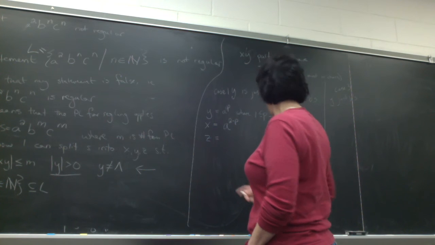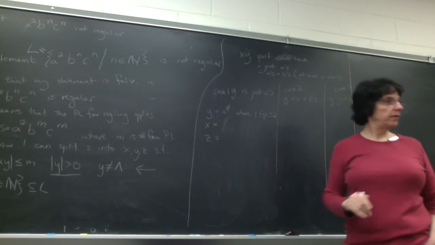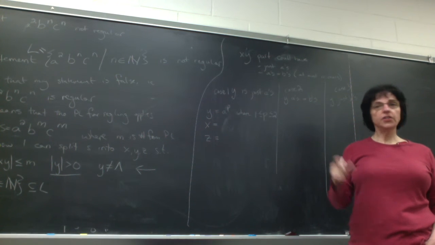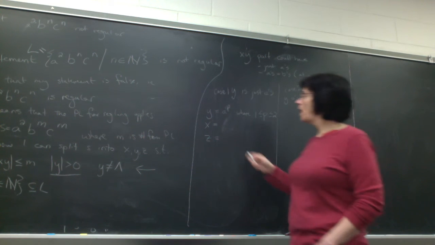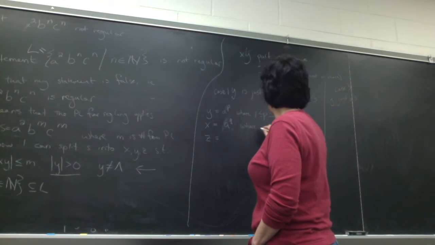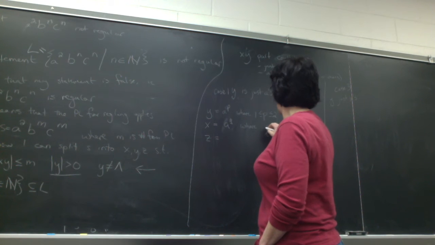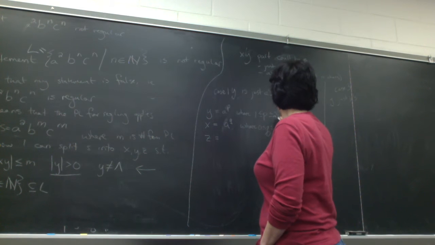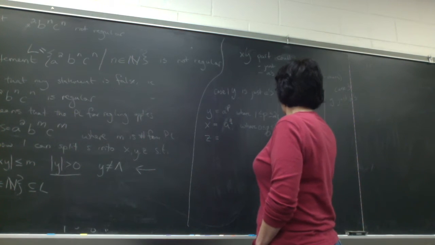Wait a minute. Suppose y is the first a. x could be nothing, or it could be just 1 a. So x is going to be a to the q, where q is between 0 and, I guess I'll say, 2 minus p. Does that work?